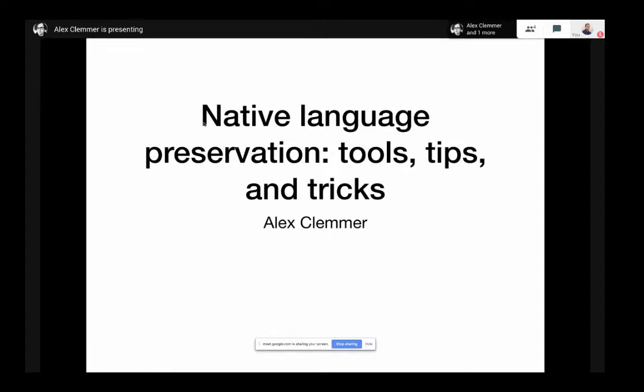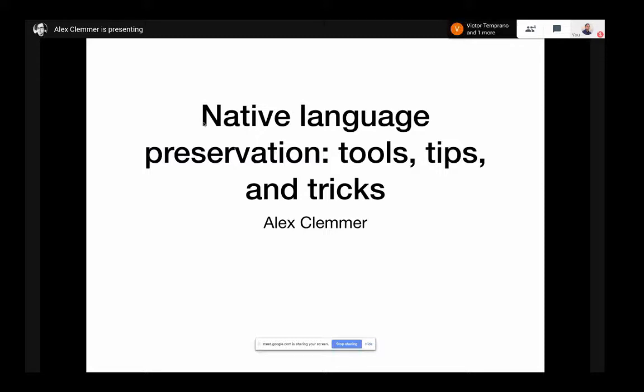So when I pitched this talk to Adam like a year ago, I was hoping to have a set of common tools and tips to get around things that we encountered when we were doing language preservation work. But I've been working on this about 50% of my time for about 2 years now.